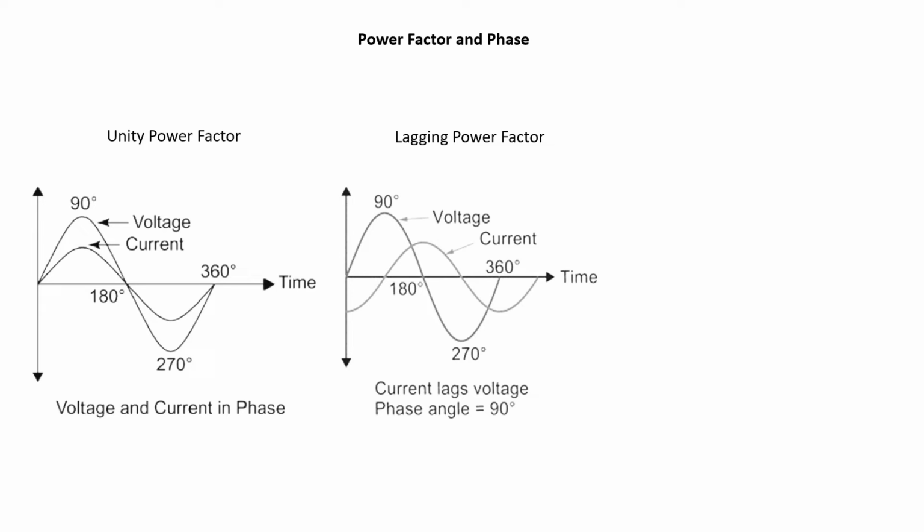If you take the cosine of that angle, you will have the numerical value of the power factor, which then can be used in power calculations. Corrections to lagging power factor can be made with capacitor banks or the operation of a synchronous motor in an overexcited state.